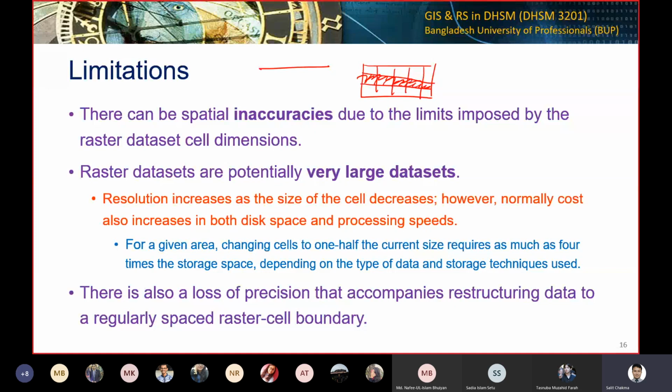And then there is also loss of precision involved when you want to convert the raster back to vector. I will give you one quick example.